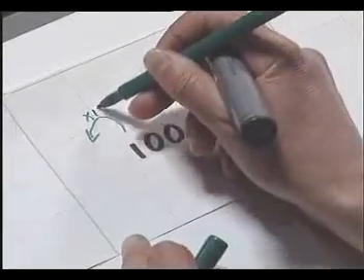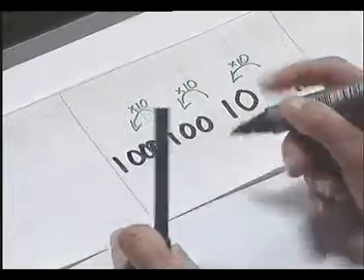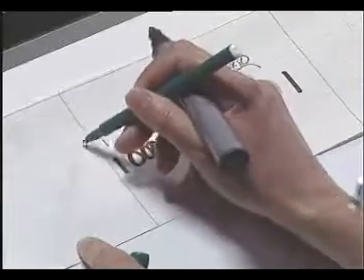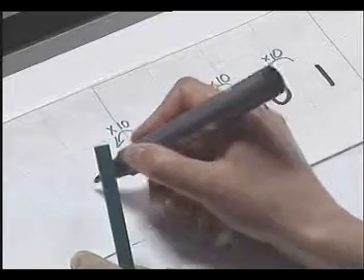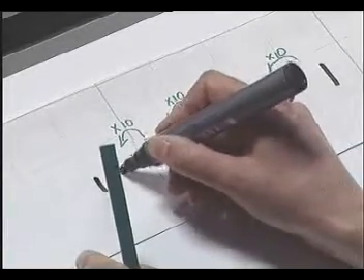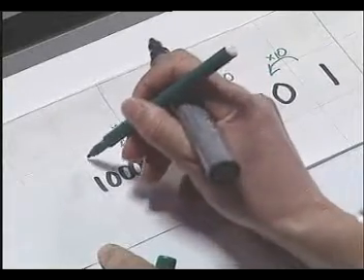If we continue in the same way, multiplying by 10, we get to our thousands. And again, will now be 1 followed by 4 zeros, our 10,000. Let's do a couple more.